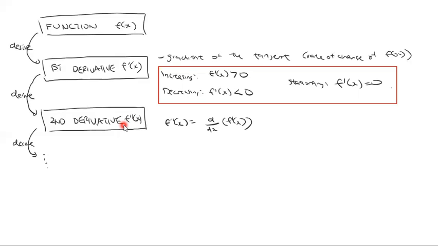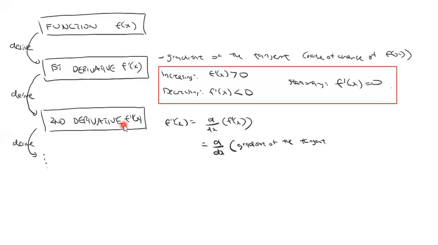And so again, what does this mean then? The gradient of the tangent to the first derivative. Well, that's the first derivative. So we're saying it's the derivative of the gradient of the tangent. Oh, right. You were saying gradient of the tangent of the first derivative.